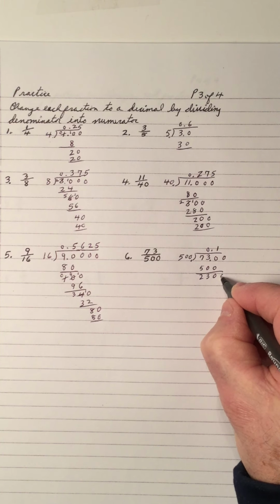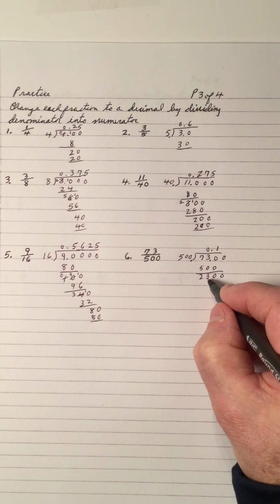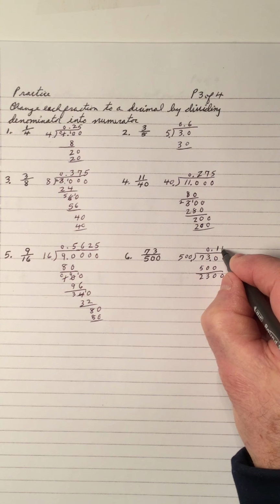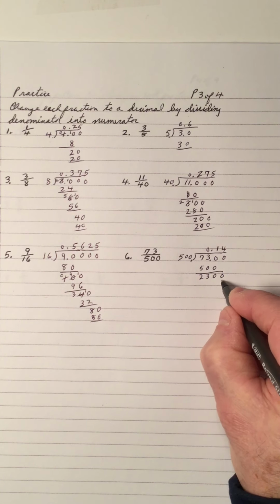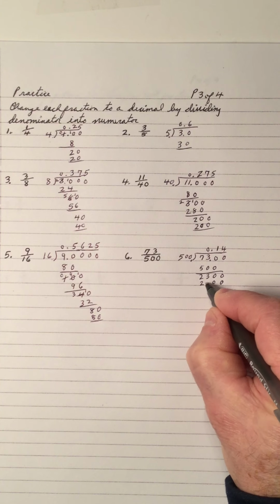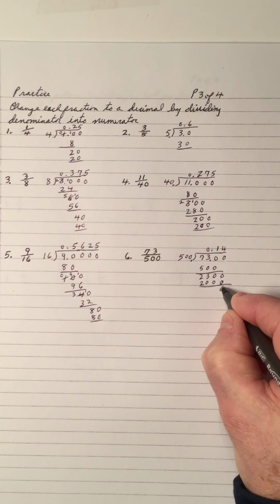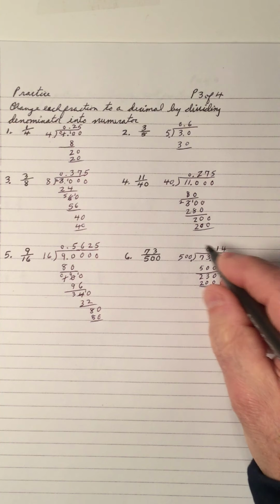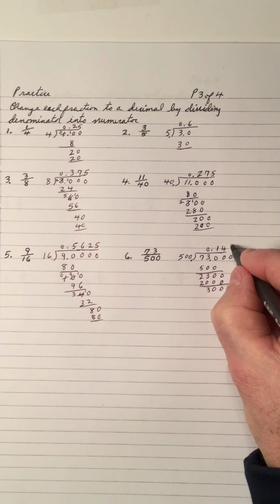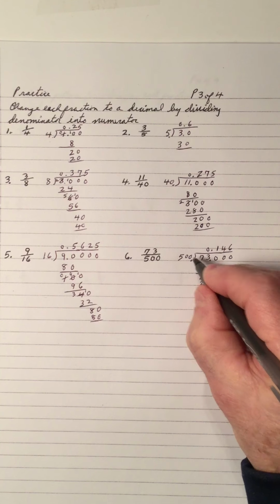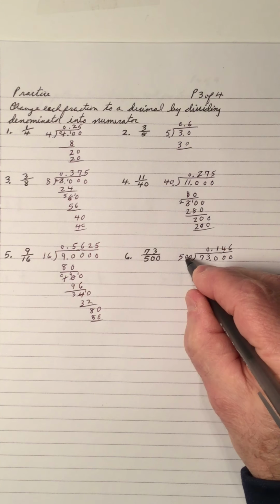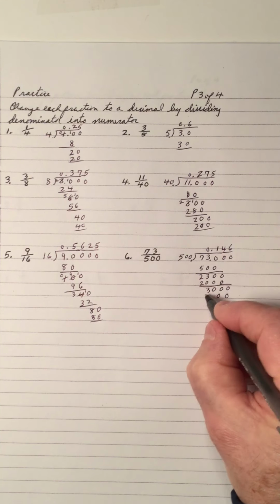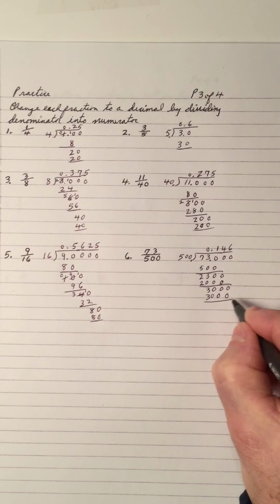Bring down another 0. 500 into 230 goes about 4 times. That's a 0, 0, 20. Subtract 0, 0, 3. Bring down another 0. 5 into 30 goes 6. 6 times 0 is 0. 6 times this 0 is 0. 5 6s makes 30.